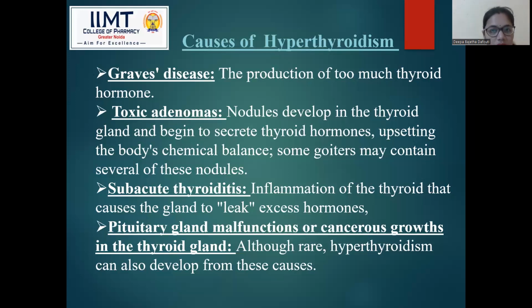So the next cause of hyperthyroidism is subacute thyroiditis, inflammation of the thyroid that causes the gland to leak excess amounts of hormones. It is an uncommon condition thought to be caused by viral infection of the thyroid gland.